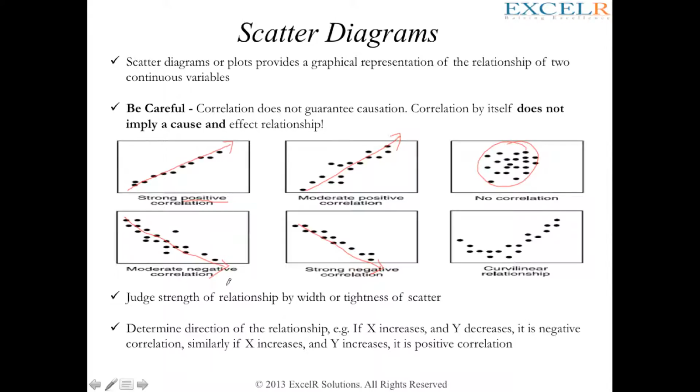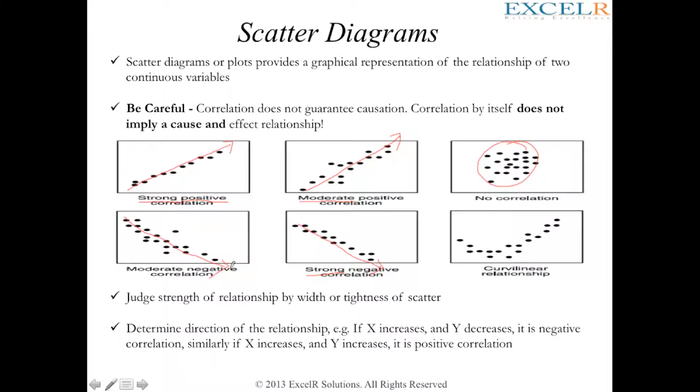Now we can also measure the strength of the relationship. If you draw a straight line like that, and if the data points are close to this line, it's called a strong positive correlation because it's in the positive direction. If the data points are not so close to this line, but kind of okay, it's called moderate positive correlation. If I draw a straight line in that way, and all the data points are close to this line, it is called a strong negative correlation.